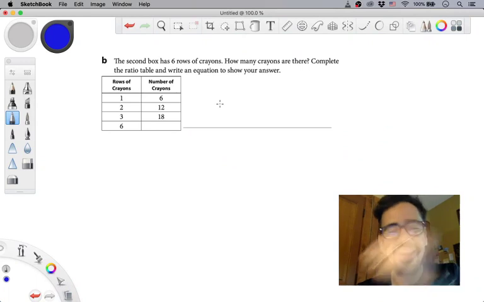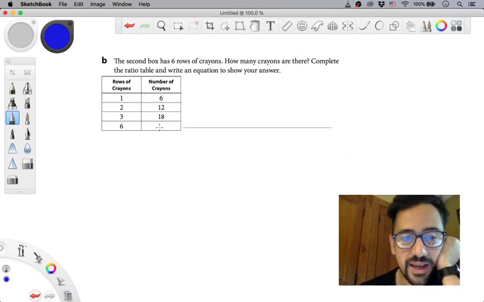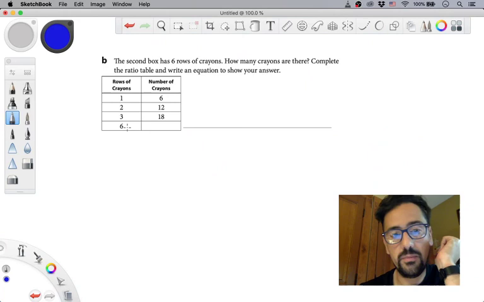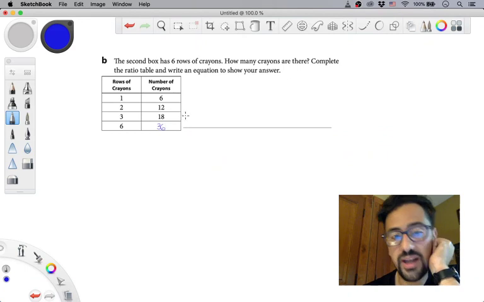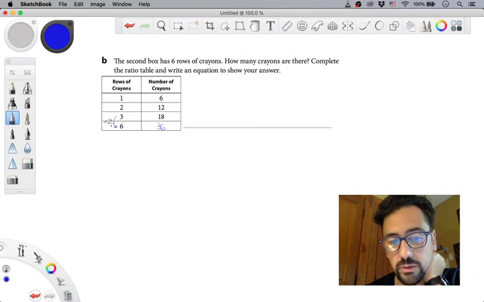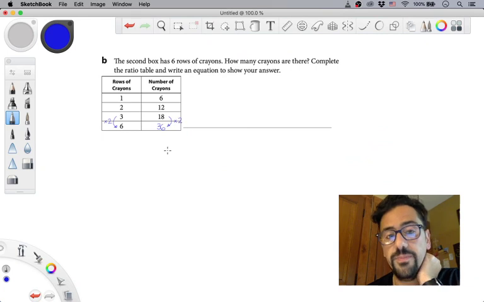It's going to be easier like that. So we can say that 6 times 6 is 36. Also, as I was saying before, 6 is twice as much as 3, so it's 3 times 2. And of course, 36 is twice as much as 18. 18 is like 18 times 2.